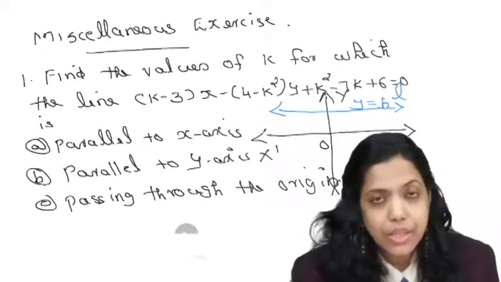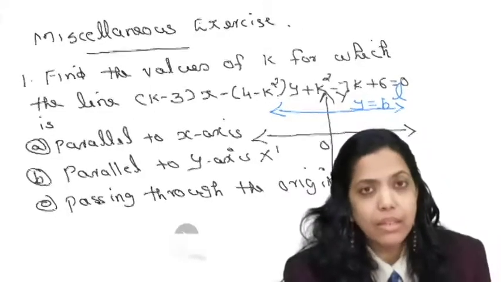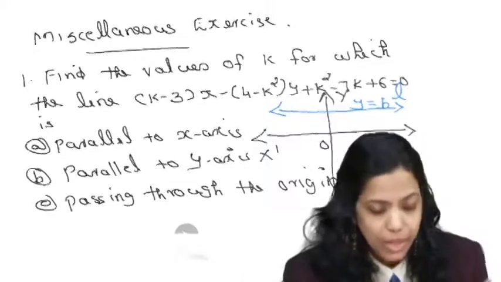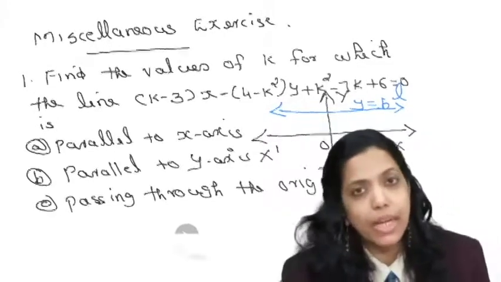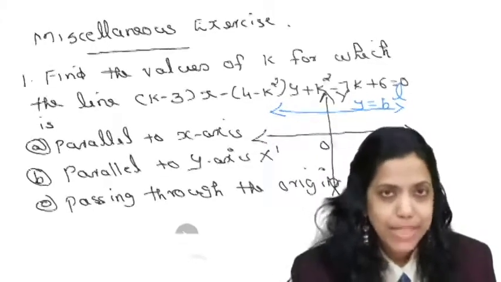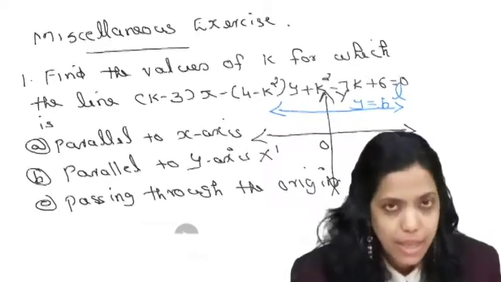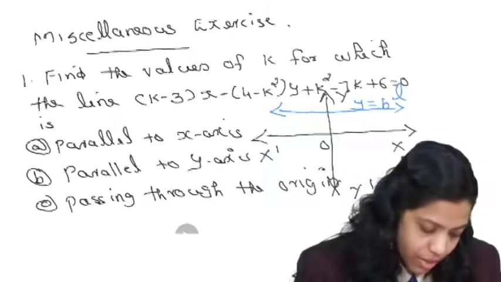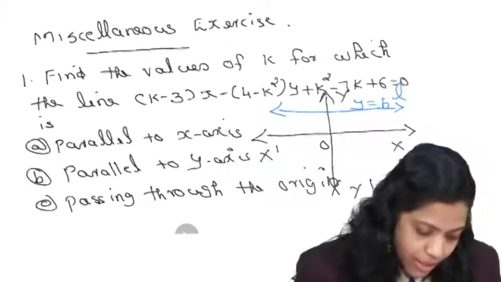So in this condition, we can apply either the slope form. If it is the slope of the line, it is 0. Based on that, we can solve the question, or related with equation of the line parallel to x-axis. In both the cases, we'll get the same answer. Let's have a look into that question now. So the first condition, parallel to x-axis.